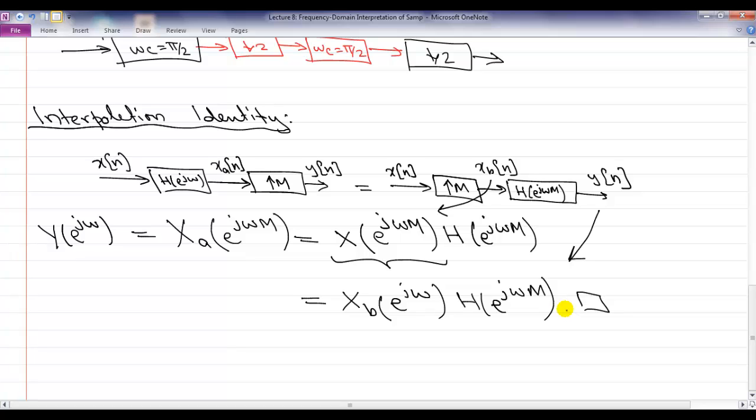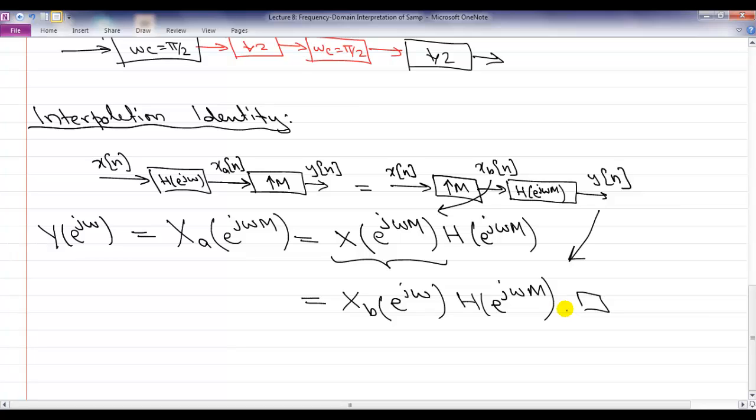And what is the use of this interpolation identity? Exactly like we talked about in the case of the decimation identity. In interpolation in general, your cutoff is π over M. If I want to upsample by a factor of 16, in the usual way I will have to implement a cutoff of π by 16, but using the same trick that I did for decimation, I can implement that with π by 4 filters or π by 2 filters.